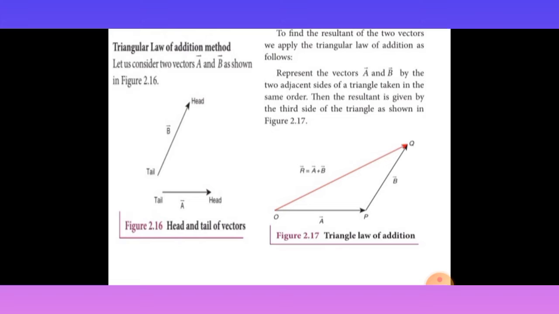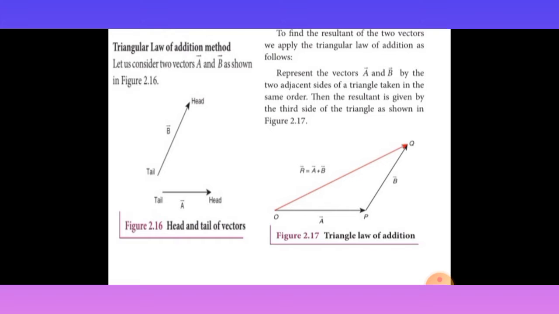Let us consider two vectors, a vector and b vector. It is shown in the figure: this is the a vector, this is the b vector. To find the resultant of the two vectors, we apply the triangular law of addition.